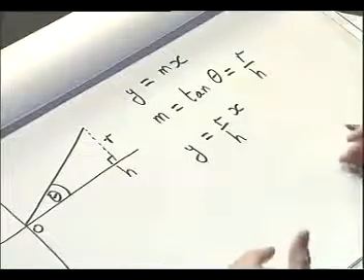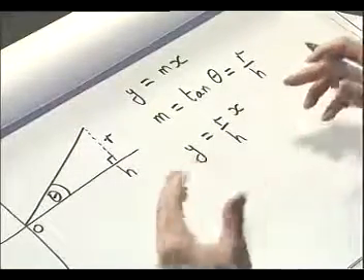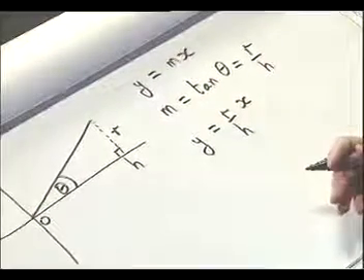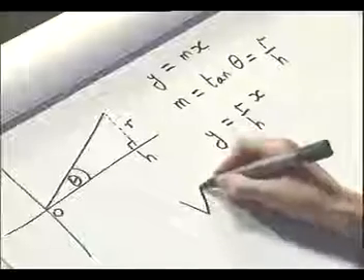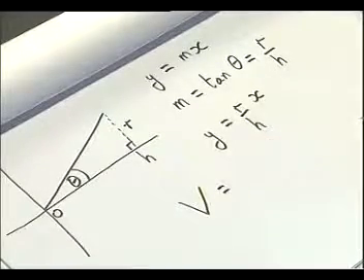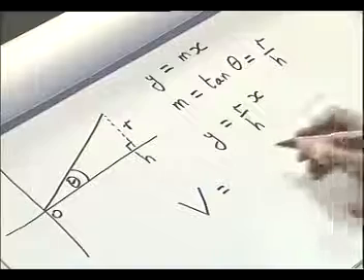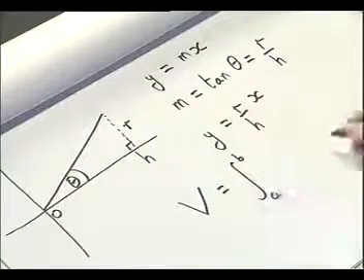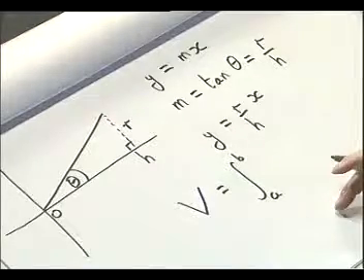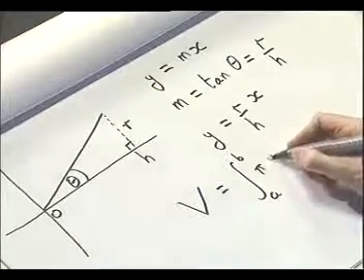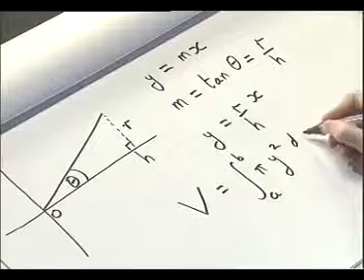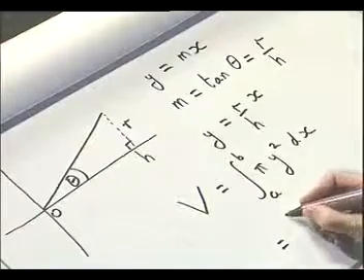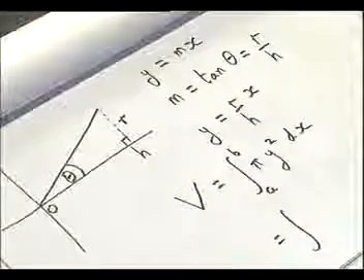So now we've established the equation of the line, we're now in a position to be able to rotate it about the x-axis. So let's again write down our formula for the volume of the cone that we're going to get. V equals the integral from a to b, those are our x values, remember, of pi y squared dx. And let's now identify all of these pieces.